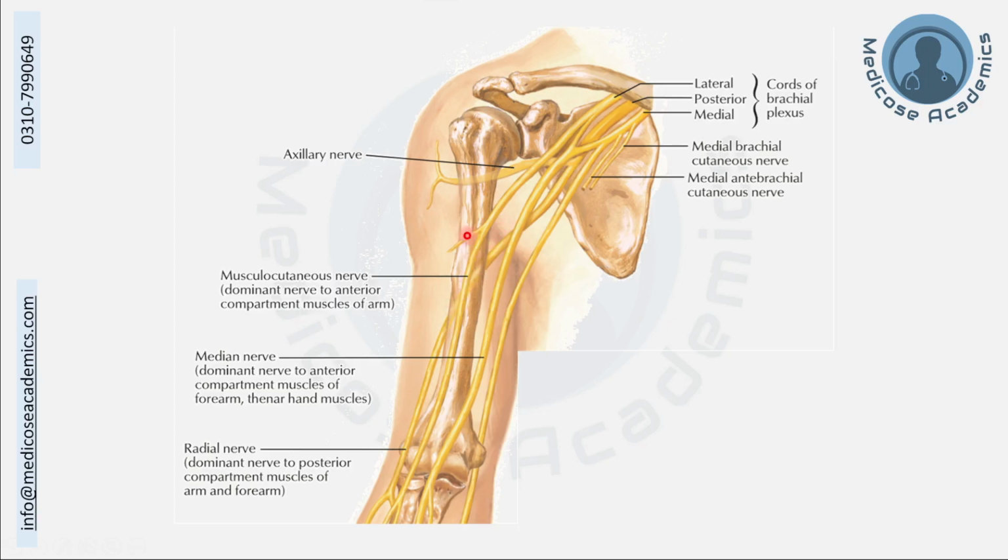Behind the shaft of the humerus, the radial nerve crosses through the radial groove, placed between the two heads of triceps, the lateral and medial. And just behind the medial epicondyle passes the ulnar nerve. So all these three nerves are vulnerable to injury in the case of fracture of the surgical neck, the shaft, and the medial epicondyle of the humerus respectively.